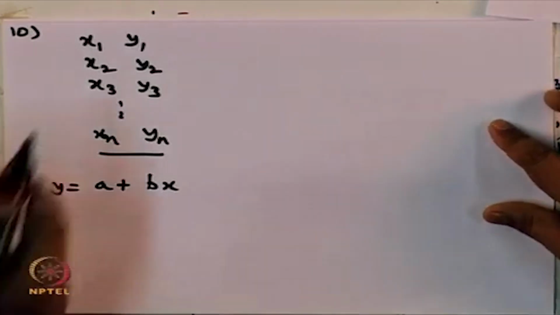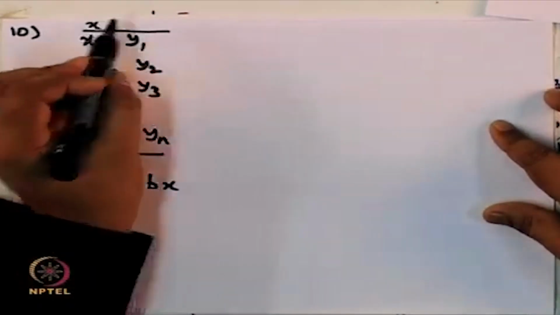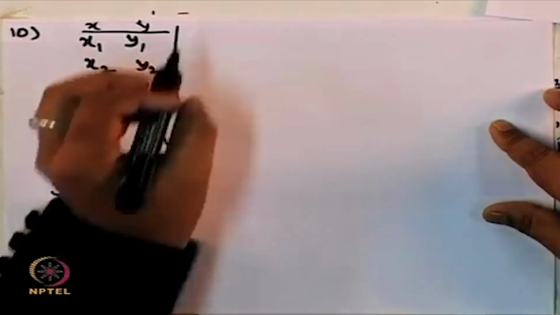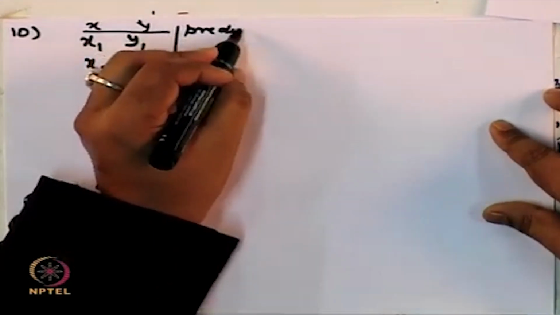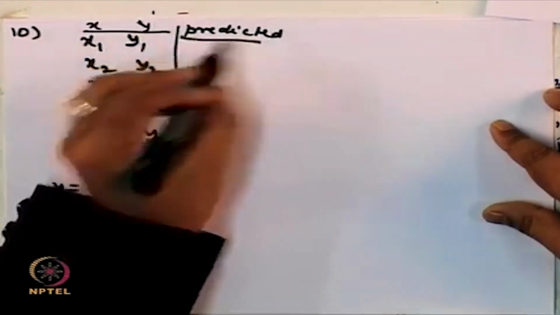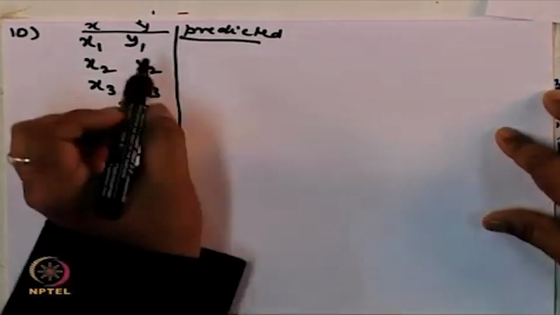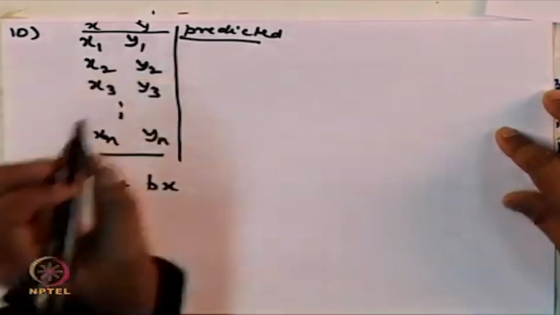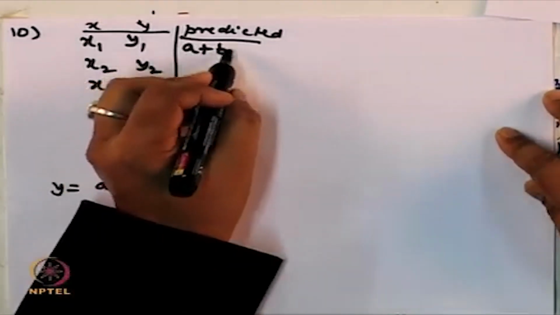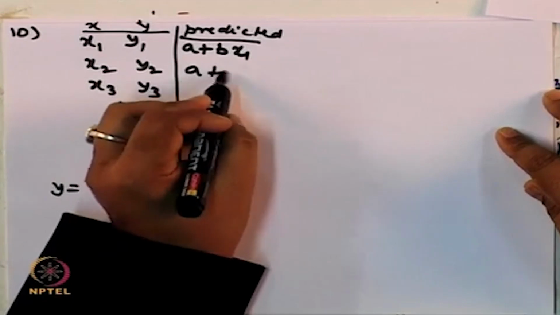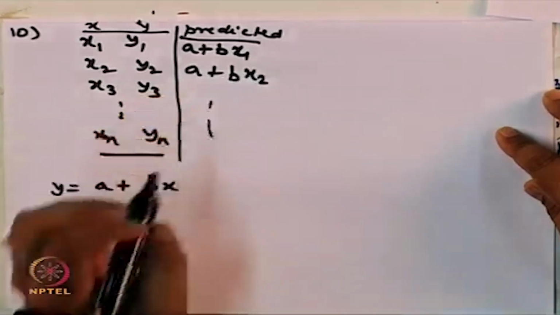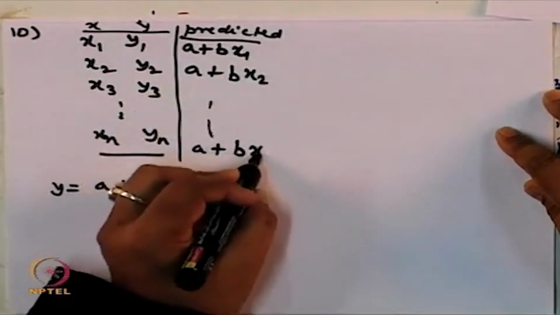Okay. So, these are my x and y values, and my predicted values. If I were to draw this particular line as the estimate of the values, I can write that the predictions are a plus bx1, a plus bx2, up to a plus bxn.